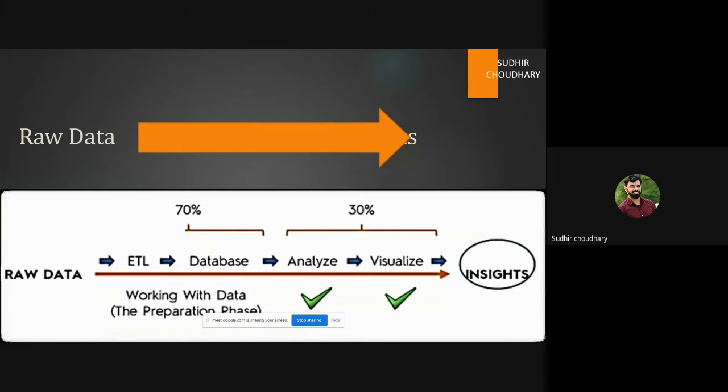We will discuss these things in the classes or maybe in the interview part also. But in most companies we are given a specific role, not the entire process. You would be handling either the analysis part or maybe the visualization part, not the entire ETL or database. That is not going to happen.